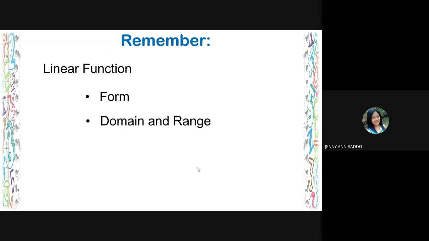Now, the domain and range of a linear function is the set of all real numbers.